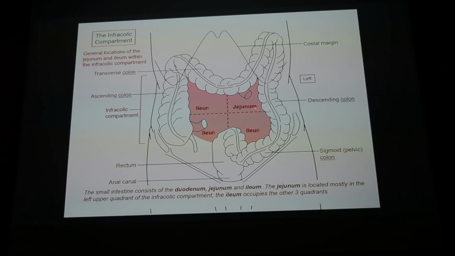So the jejunum lives here and the ileum lives in the remaining 3 zones. If we are hunting for the jejunum, we should look in this left upper quadrant. That's the area where we can locate the jejunum, and the ileum can be located in the rest of the infracolic compartment. Are we good with that?